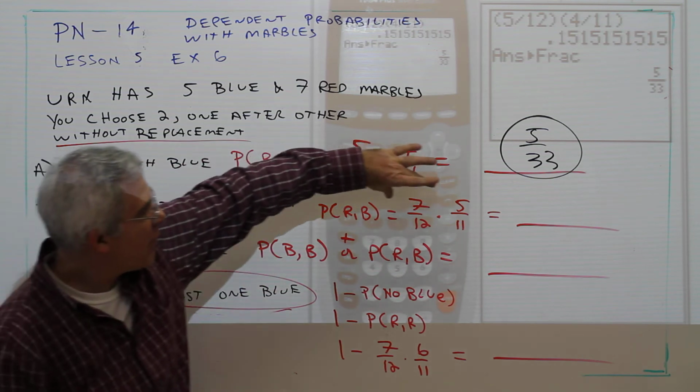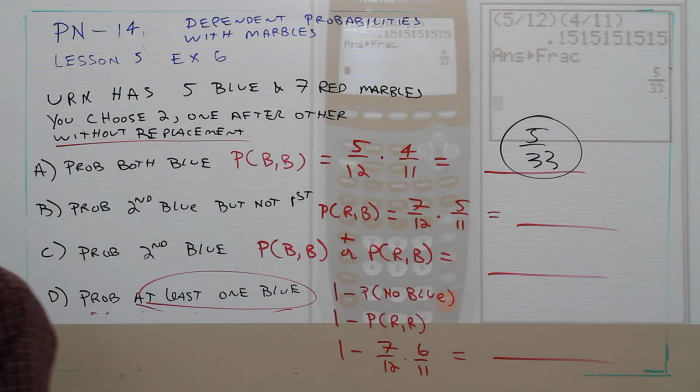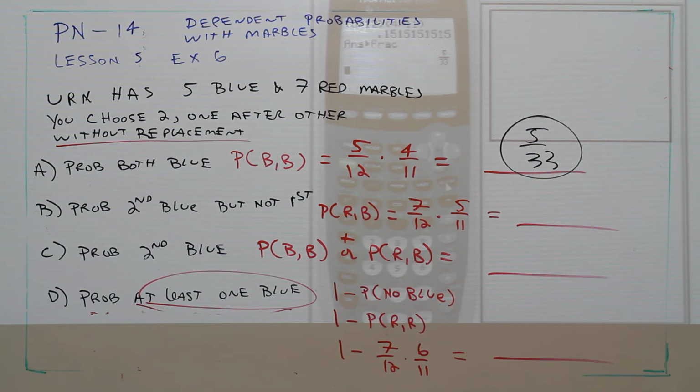What I could also do is just multiply the numerators and divide it by the denominators. That might be quicker. Let me try that. Numerator, 7 times 5 divided by denominators, 12 times 11. I'll go math frac. 35 over 132.